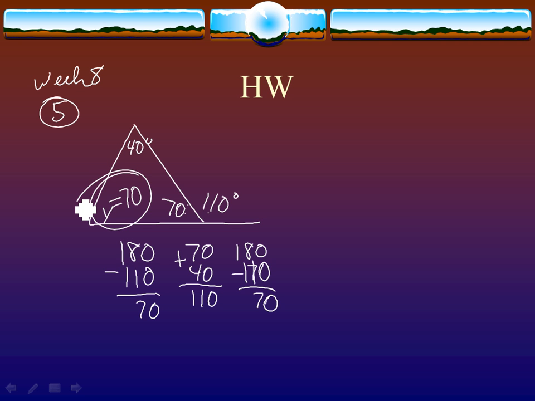And if they said explain, something you could have done instead is say that you knew the 40 and the y had to add up to be how much? What kind of angles are these two in relationship to that one right there? We talked about them last time.